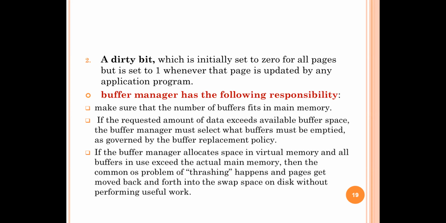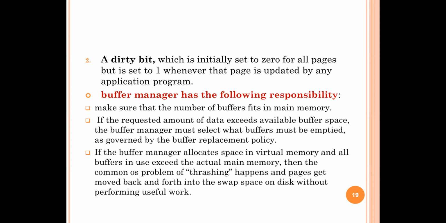Whatever page or data we are accessing should fit into the buffer. If the buffer capacity is 8-bit, it can hold only 8 bits of data. If the capacity is 16, 32, or 64 bits, the data will be loaded according to the capacity of the buffer manager. So only as much data as we can store in main memory will be stored in the buffer manager. If your CPU is 16-bit, it can access only 16 bits of data at a time. If you use a 32-bit buffer, the data will be kept pending in the buffer itself.